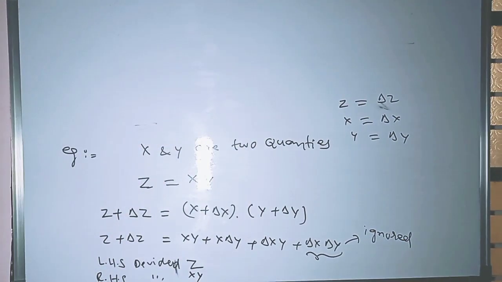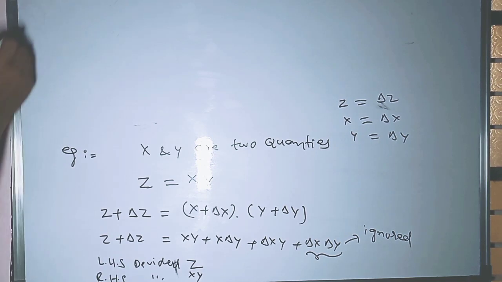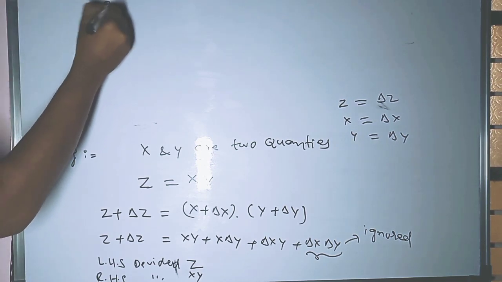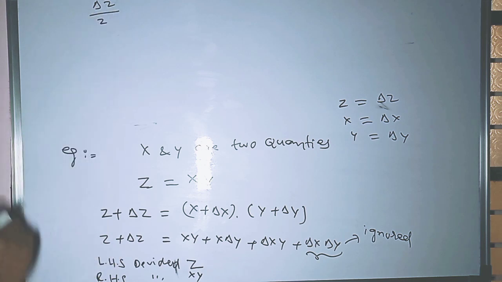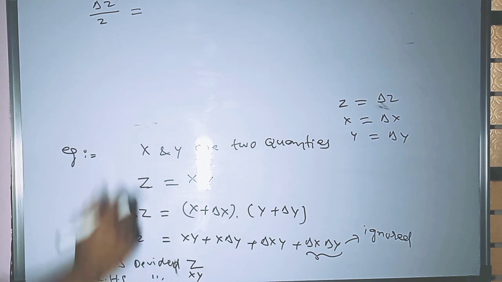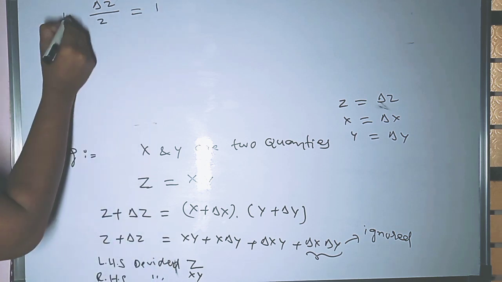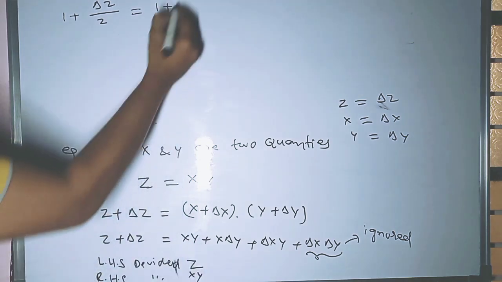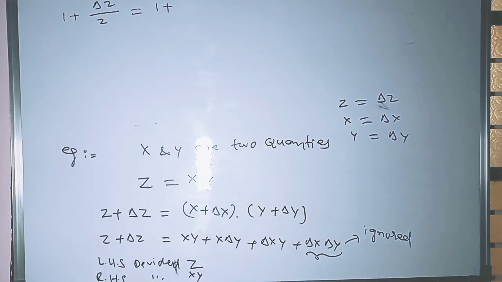So therefore, left hand side divided by z. That is equal to delta z by z. We get delta z by z is equal to xy by xy, 1 plus x into delta y by xy, plus y into delta x by xy.